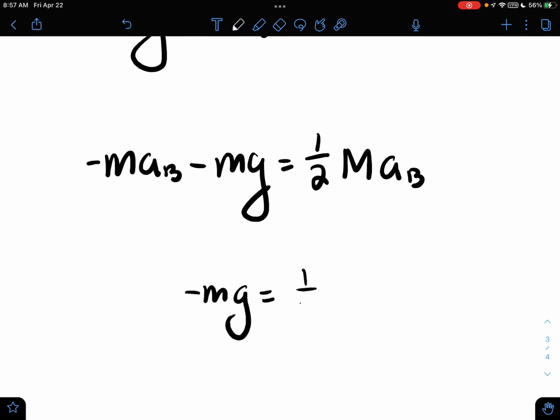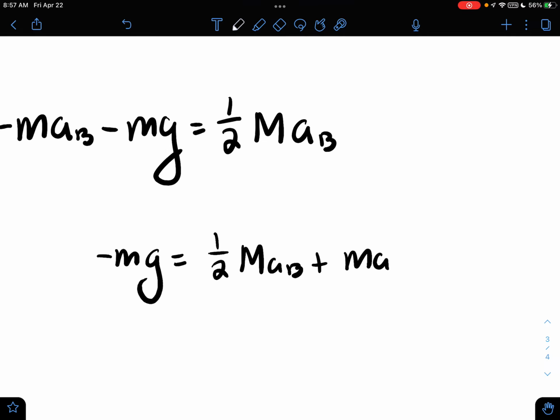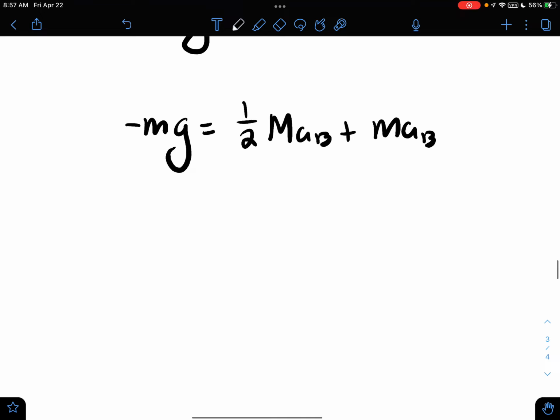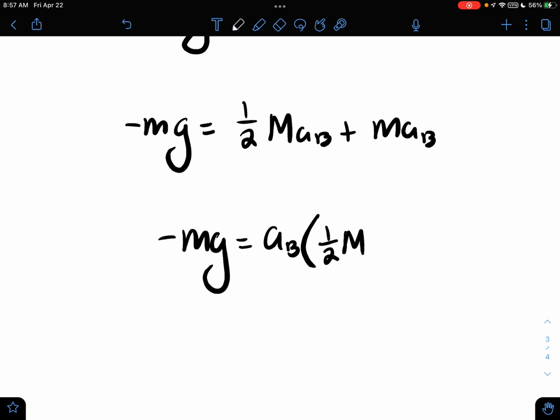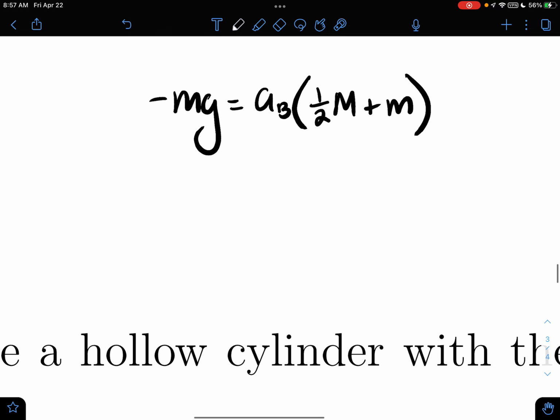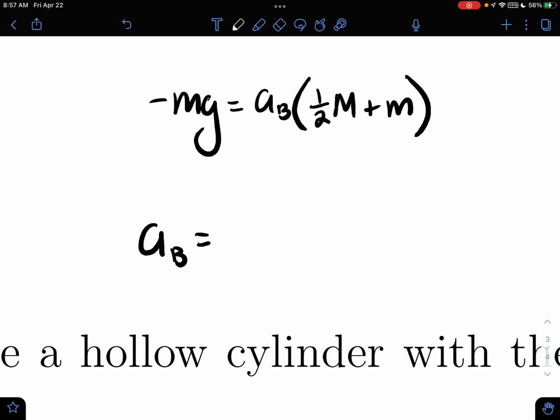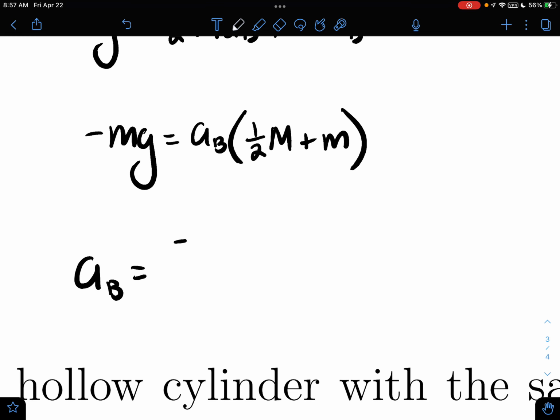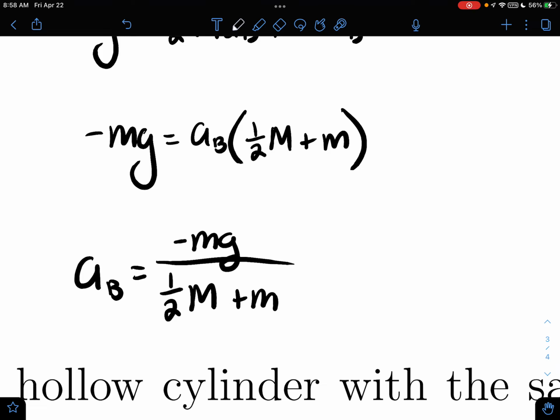mg equals 1/2 M a_B plus m a_B. Factor out that a_B. Right. Divide, and then we get that our acceleration of the bucket is going to be equal to negative mg divided by 1/2 M plus m.